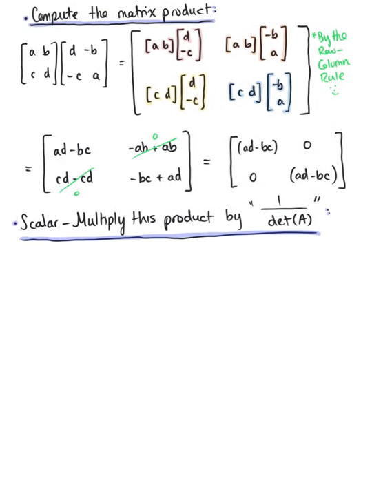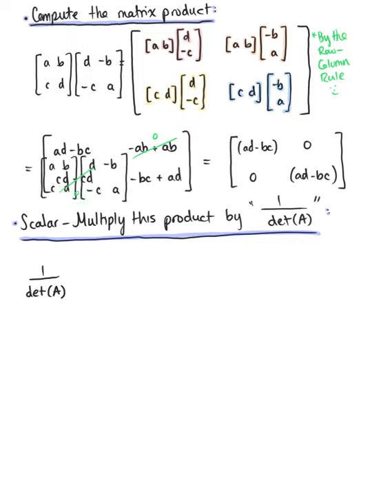So here we go. We have, again, 1 over the determinant of matrix A, and we are multiplying this scalar by the original product.